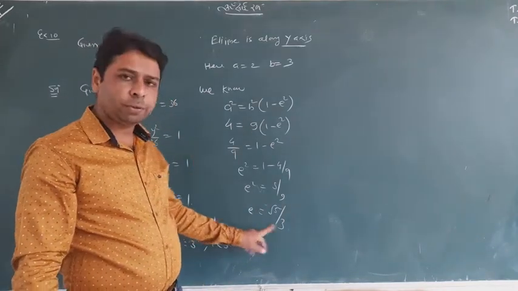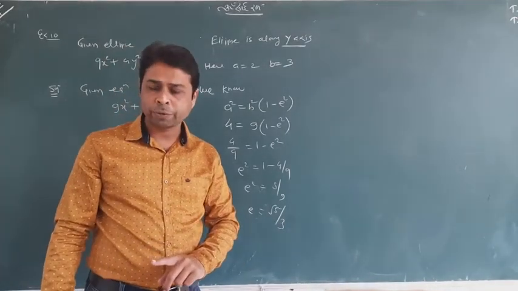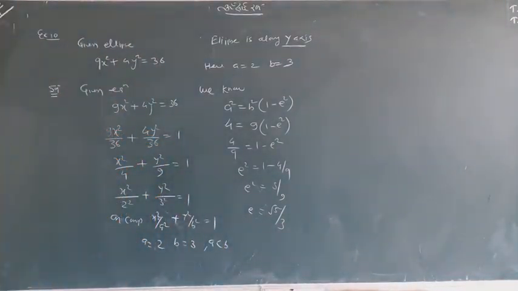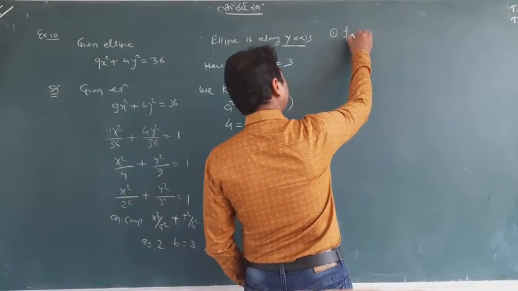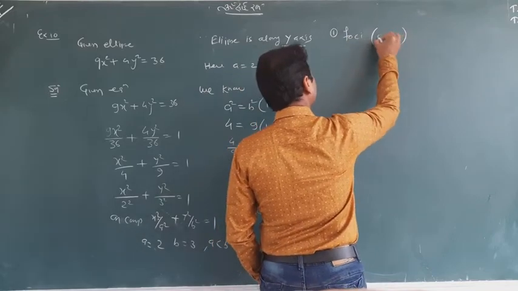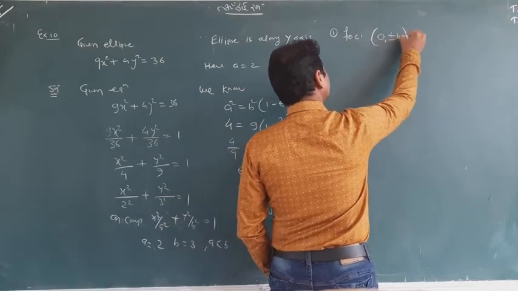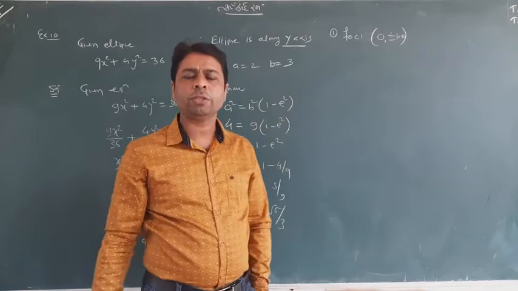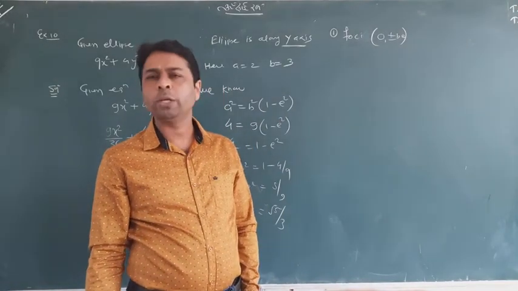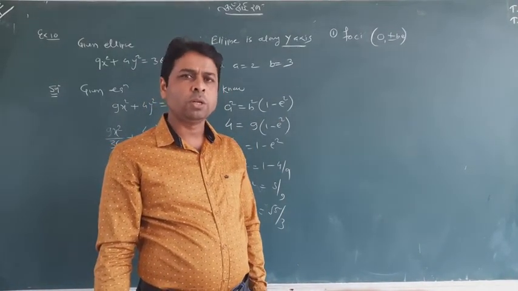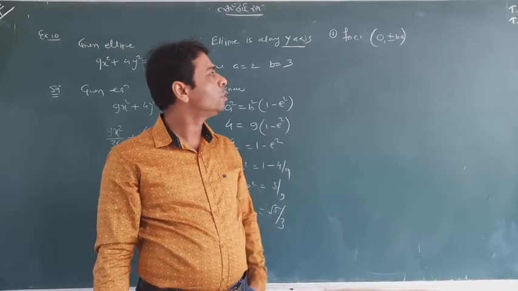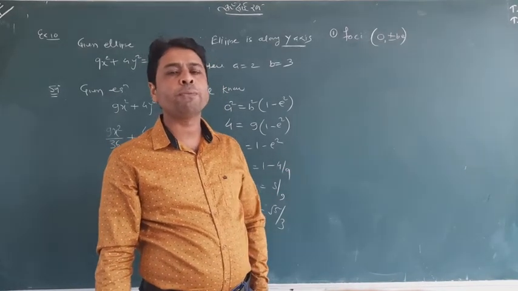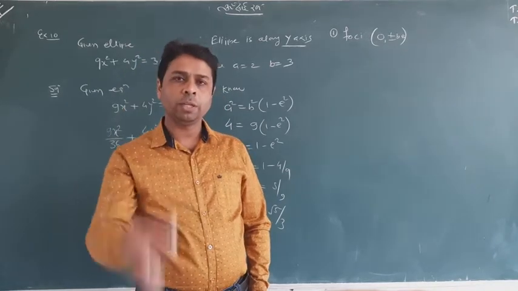Now you have got e, which was one of the requirements of the question. Now a few things like the focus we have to find out. I don't want to waste time. Please recall your knowledge; I think most probably you are making notes, and you can see in your copy yesterday's lecture: 0 and plus minus be is the focus along the y-axis.